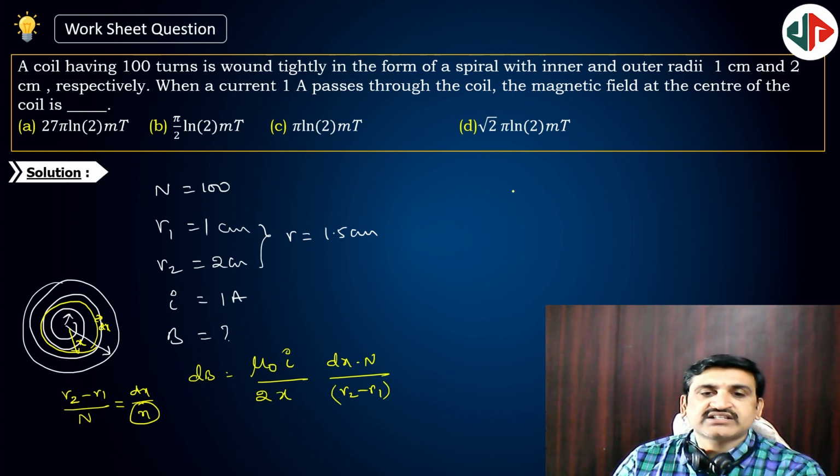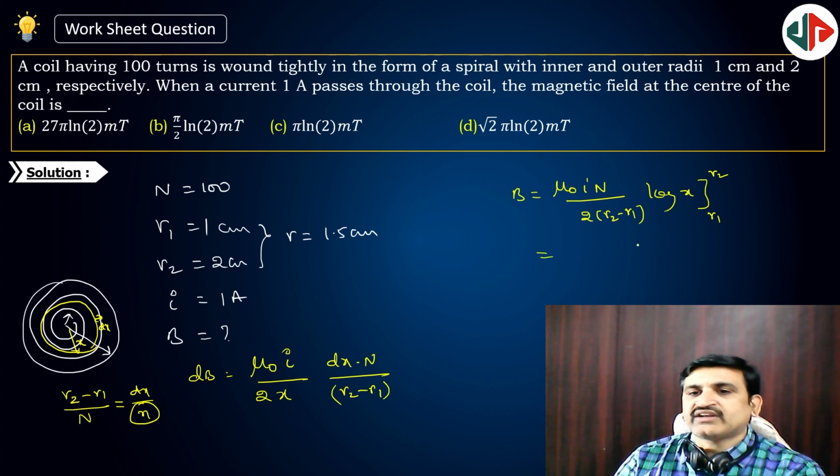After integration, we get B is equal to mu naught N I by 2 into R2 minus R1, into the integral of dx by x, which is log x, and x is running from R1 to R2. R1 is the inner one and R2 is the outer one.